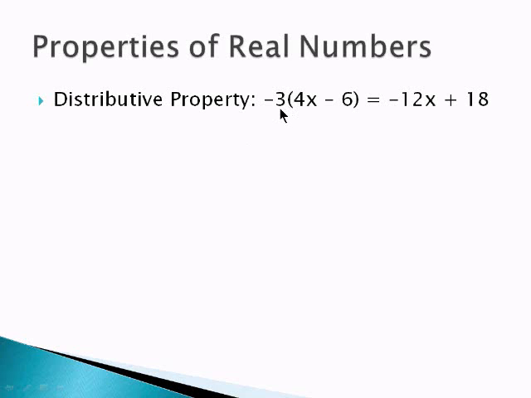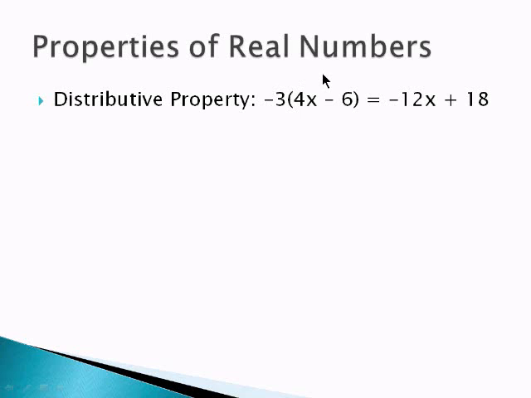The distributive property is going to have a number in front of something in parentheses. And if we want to simplify and get rid of the parentheses, we can take this number out front and multiply it by both parts of the expression in parentheses. So negative 3 times 4x, well, negative 3 times 4 is negative 12.